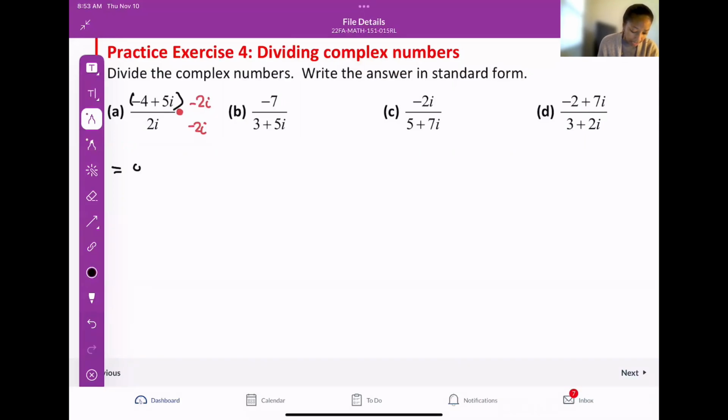So that'll give us 8i minus 10i squared in the numerator. And in the denominator, we'll just end up with 2 squared. But I'll multiply it all out just so that you can see. So we'll get negative 4i squared. Remember, i squared is negative 1. So this is 8i minus 10 times negative 1 over negative 4 times negative 1. So 8i plus 10 over 4.